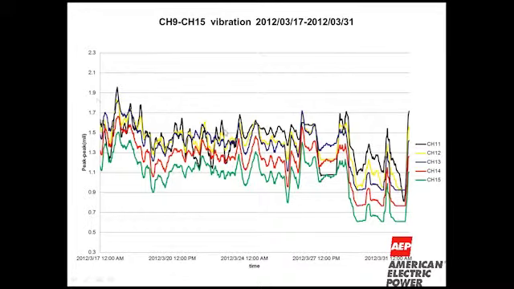Across the whole end winding structure, different sensors show slightly different peak-to-peak amplitude. So this is consistent with the node concept that there is a global vibration pattern, and there are local vibration patterns at the end winding.